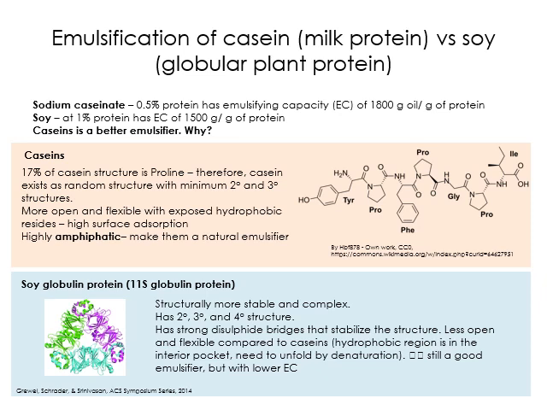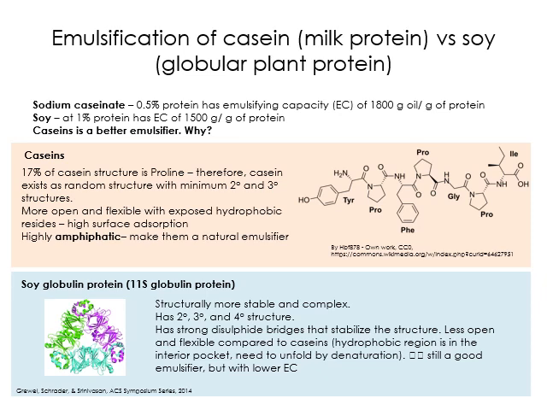For soy globulin protein, or this 11S globulin protein, if you look at the structure here, it's made up of 3 subunits of proteins. Structurally, it is more stable and complex. It has secondary, tertiary, and quaternary structure, and it's also held together strongly by disulfide bridges that stabilize the protein.